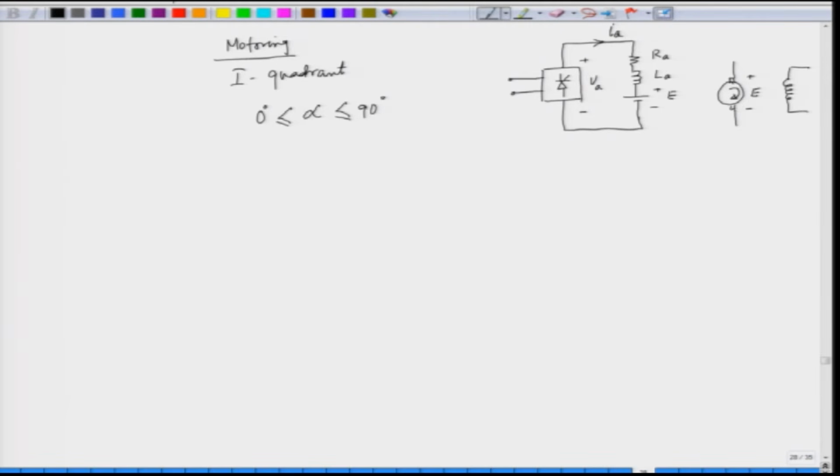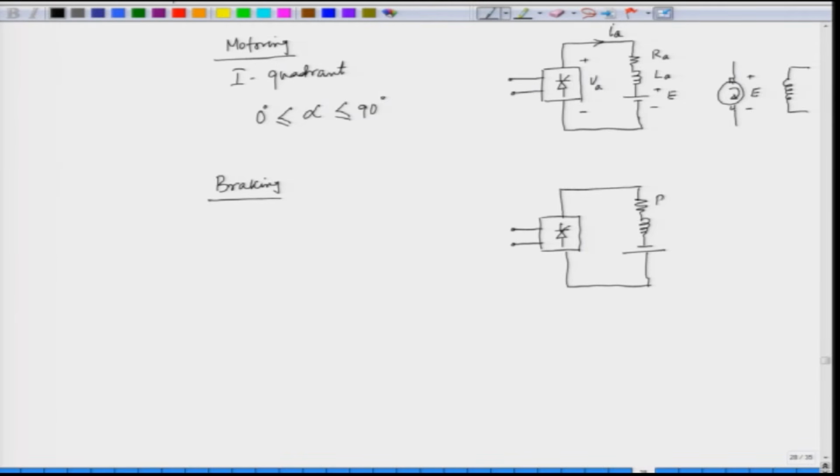Now, we go for braking. When we go for braking we have the same converter here, fed from the AC supply. And what about the motor? The motor back EMF has reversed. Unless the back EMF reverses, we cannot have braking operation here.